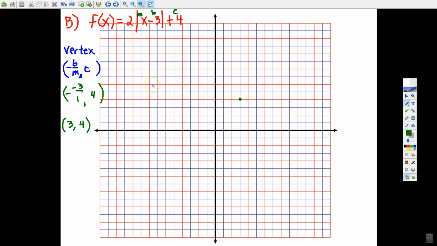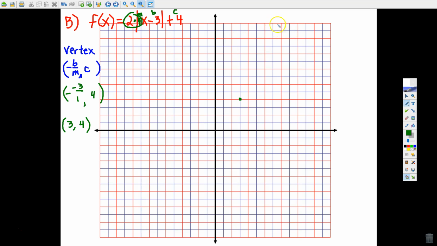Okay, so this is the only kind of tricky part of these absolute value problems where you're using this method of find the vertex and then count the slope. You can't just count a slope of 1. You have to treat it as a slope of 2 times 1.